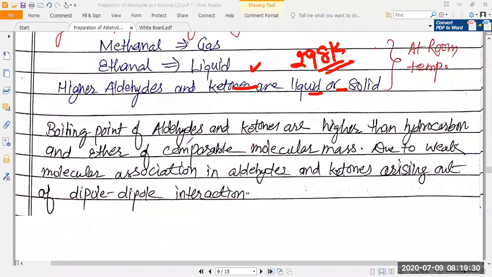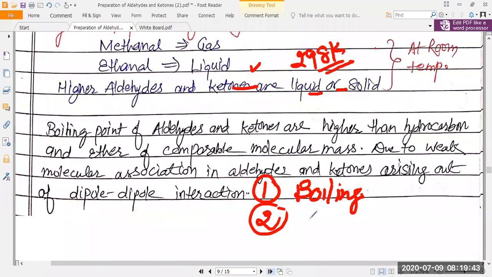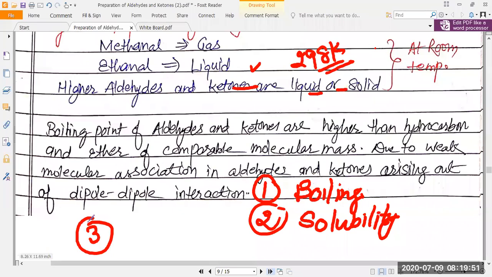The first point is comparison of their boiling point. Second point is solubility, and the third point is smell. So on these 3 points, we are going to discuss the physical properties of aldehydes and ketones.